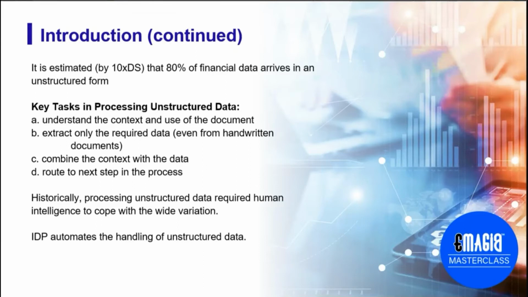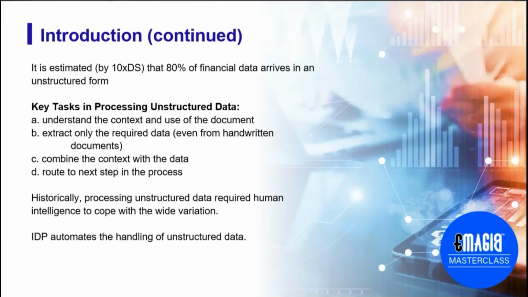All right, so we get this data unstructured. What's the big deal? Well, when you dissect the operation, what are the key tasks? Well, first of all, you have to understand the context of the document. Is it an invoice from a supplier that has to be paid? Is it remittance advice from a customer that accompanies their payment, telling you how to apply the payment?